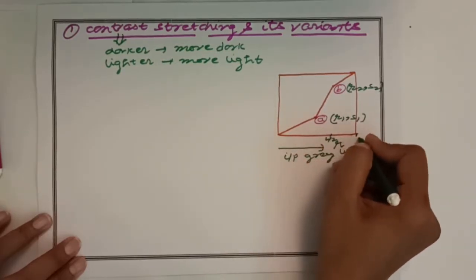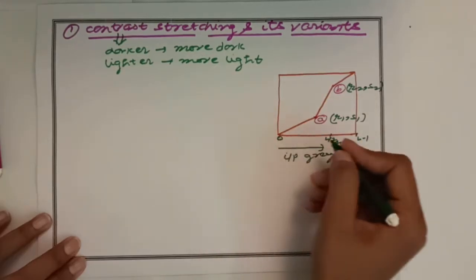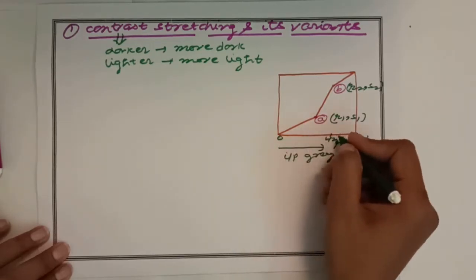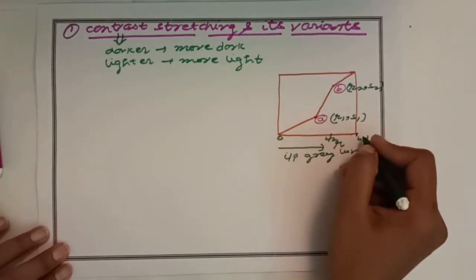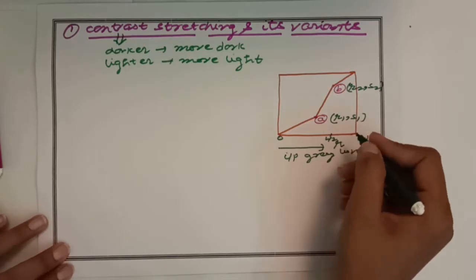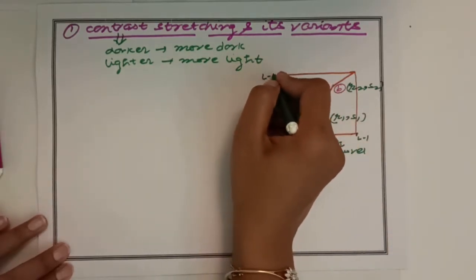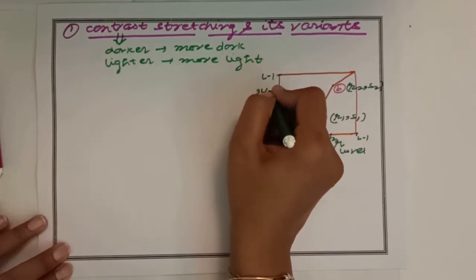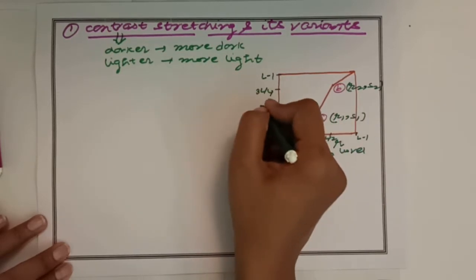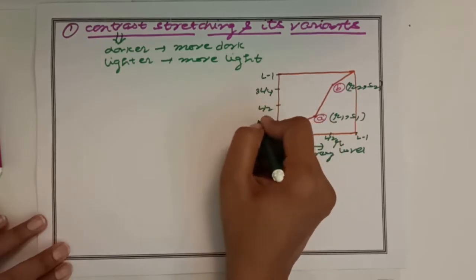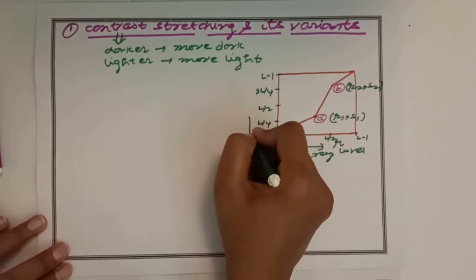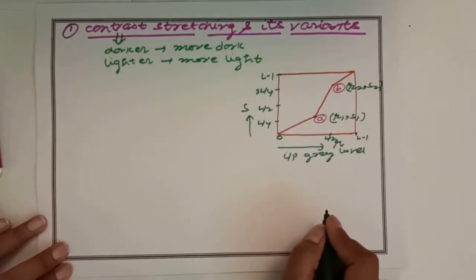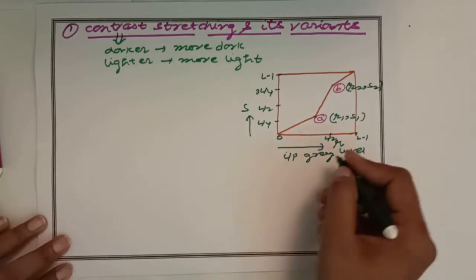Let us mark the boundaries, starting from 0 to L-1, this would be the total number of gray levels. 0, L/2, for the 8-bit image L will be 256, L-1, 3L/4, L/2, this is L/4, and on y-axis we have taken the variation of s, which is the transformed one.